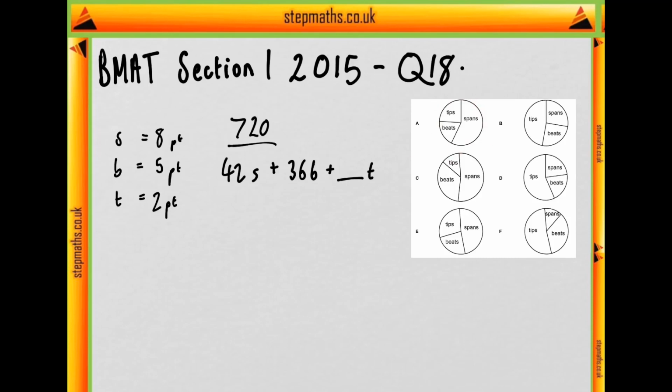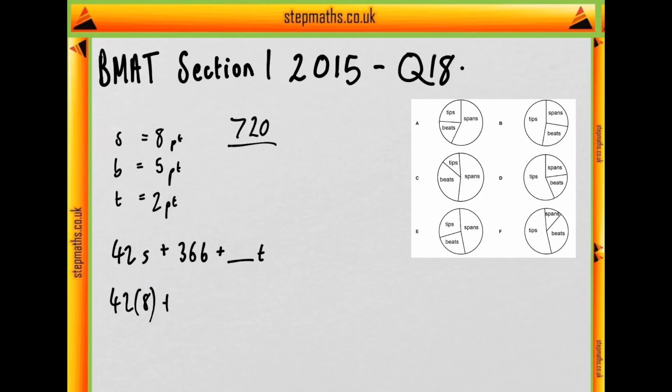So, because we've already expressed this algebraically and we already have the values, we can quickly work out what we need to do. Moving this down, we can say that 42 by 8 plus 36 times 5 plus an indeterminate number, we can say x multiplied by 2 gives us 720.